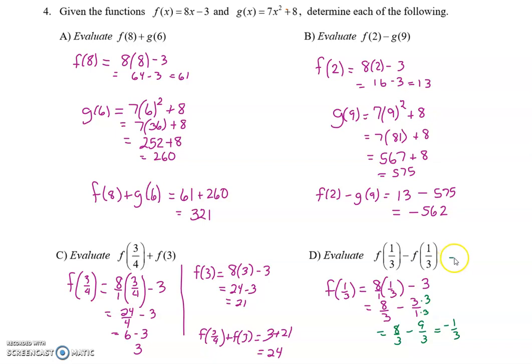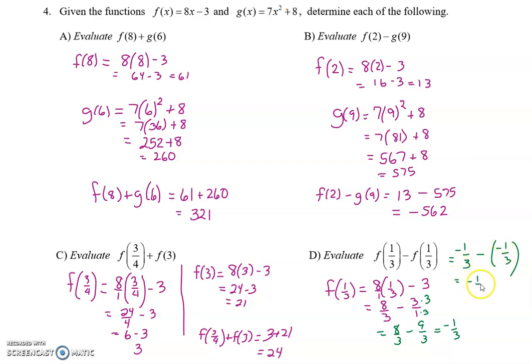And we were asked to take f of 1/3, which is negative 1/3, subtract f of 1/3, which is, as we know, negative 1/3. And of course, these two negatives next to each other, subtracting a negative 1/3 is the same thing as adding a positive 1/3. So you can change those signs right here.